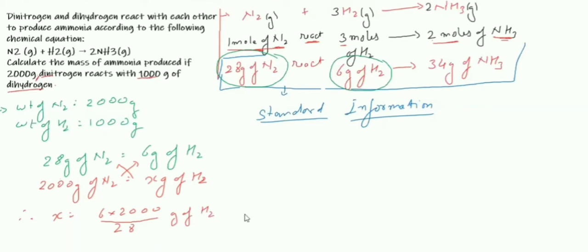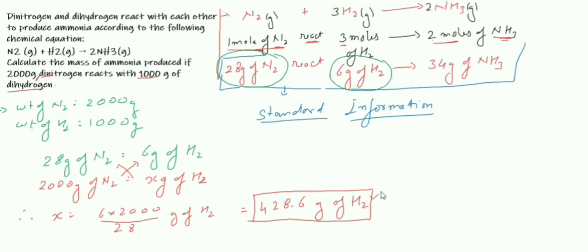So the value of X is 428.6 grams of hydrogen.